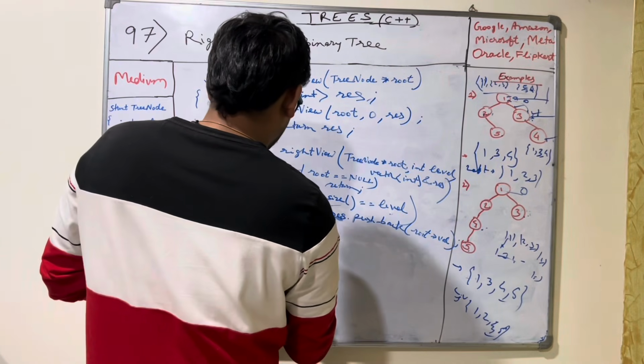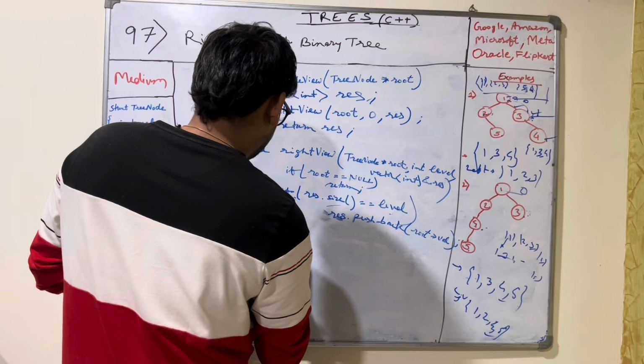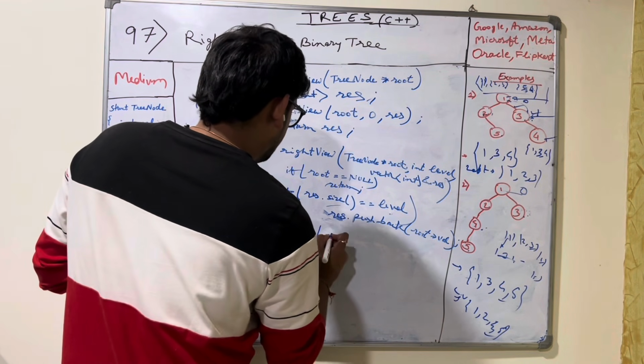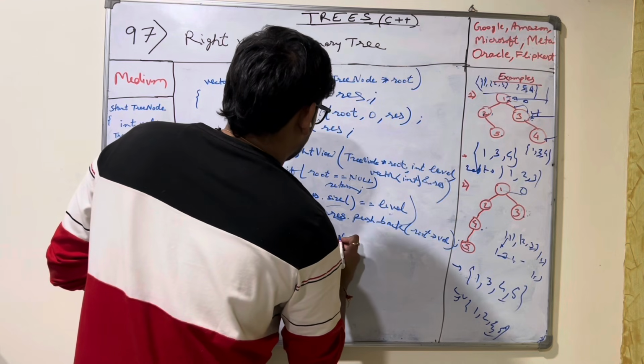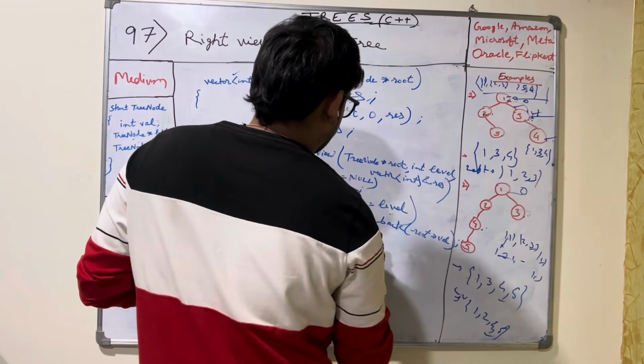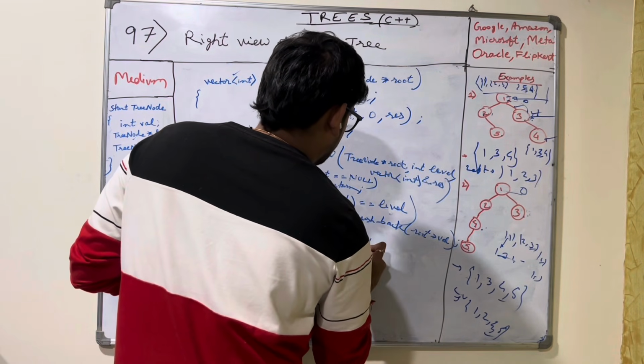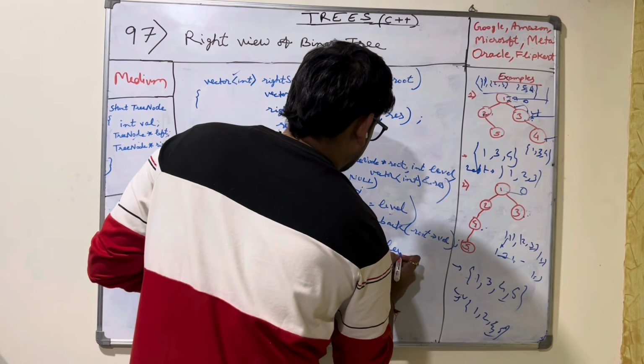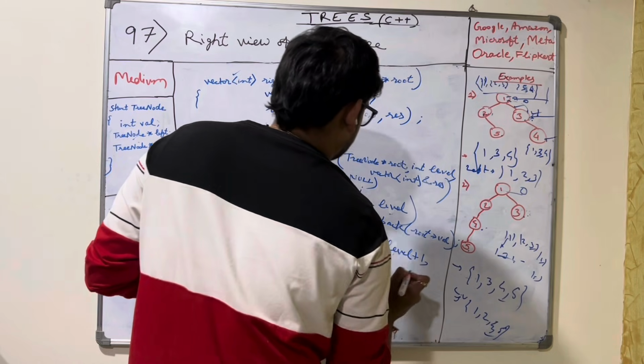Otherwise, what we'll do, we'll call this rightView and we'll pass to it for this level. First we will pass the right child and then we'll increase the level, right? Level plus 1.